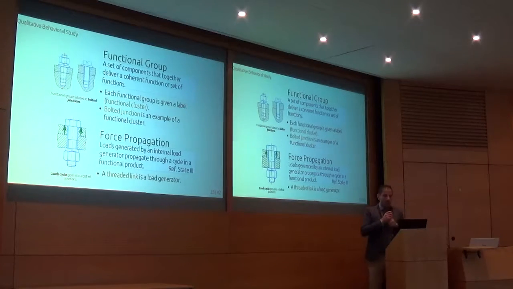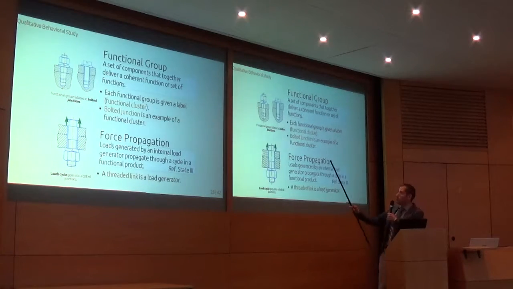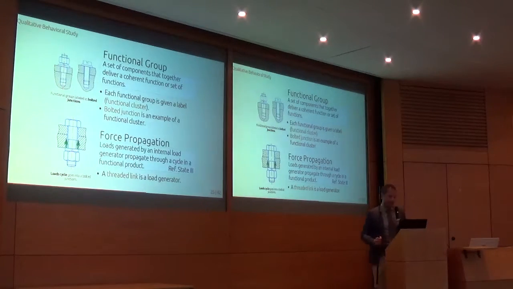Each functional group is labeled by means of a functional cluster that designates the set of functions it satisfies. An example is a bolted junction that we saw earlier, which designates a set of components that satisfy tightening by means of a threaded link.